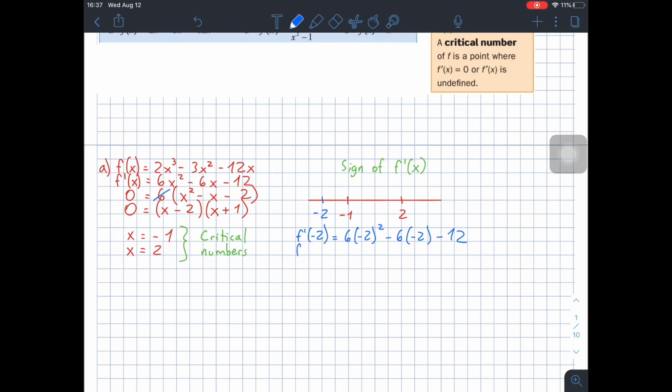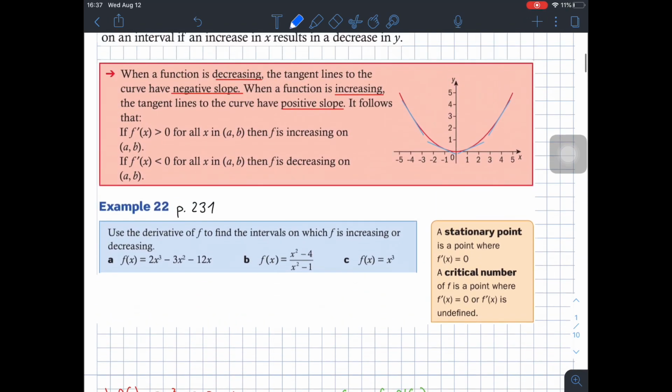So if you calculate this, let's try not using calculators because the idea is to do all of this without a calculator. This is -12. So this has a negative sign. We only care about the sign. We don't care much about the value because the sign is what is telling us if the function is increasing or decreasing. Remember, if the first derivative is a negative number, then the function is decreasing in that interval.